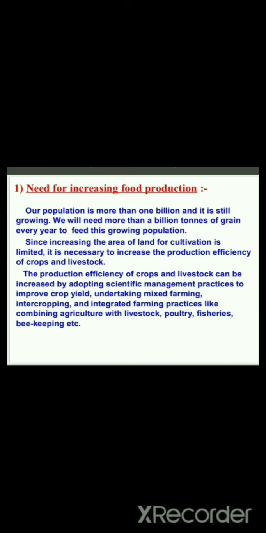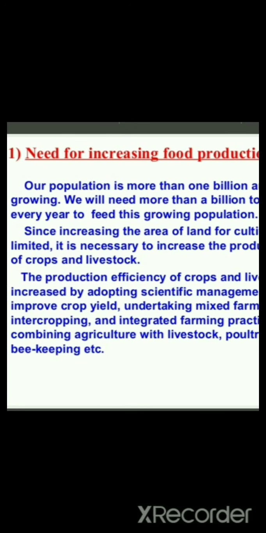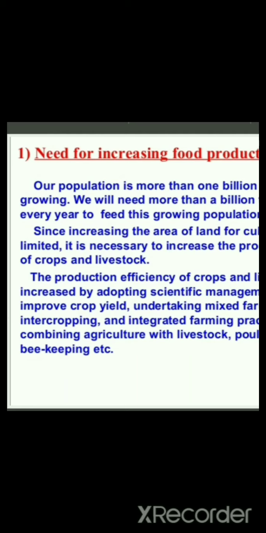So students, in a nutshell, since the population is increasing a lot, we need more food to meet the demands of this increased population, not only for human beings but for animals as well, domesticated animals. So we need to increase the efficiency of crop production. For this we have to adopt new innovative scientific techniques to increase our yield.